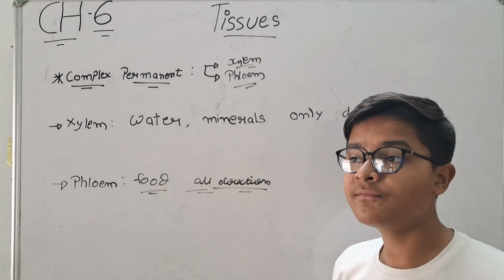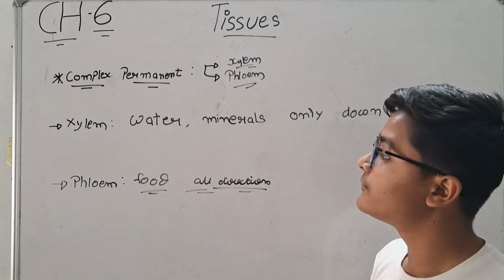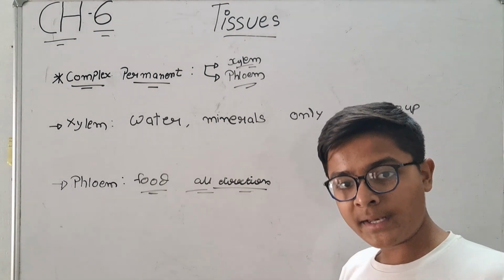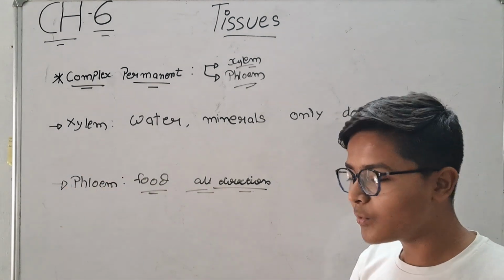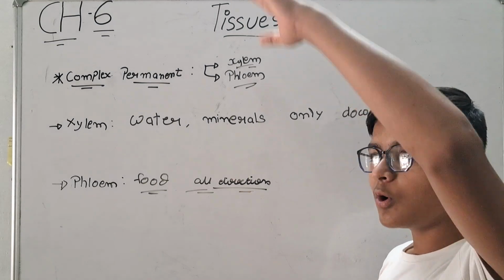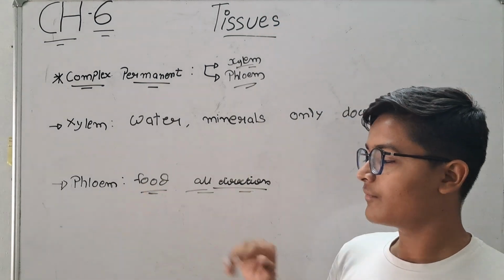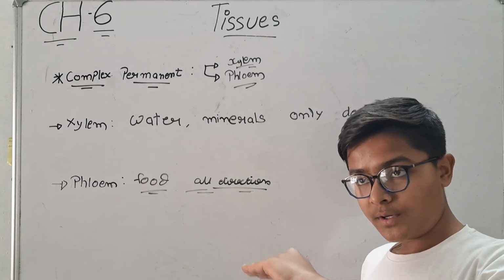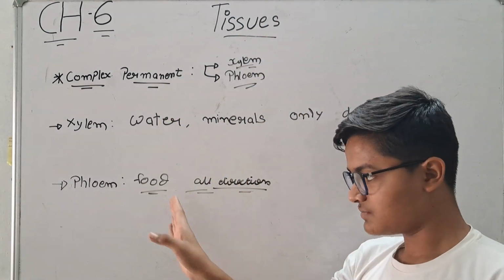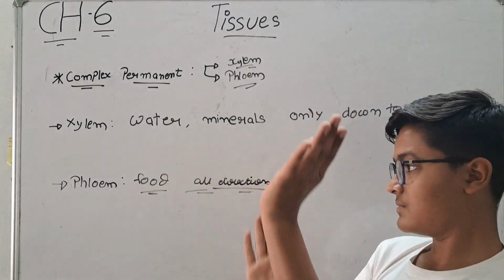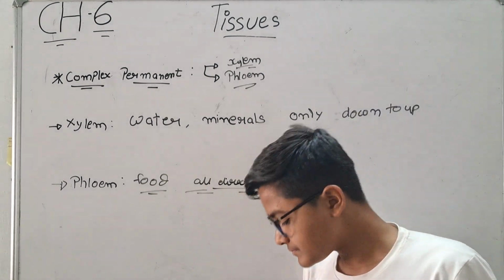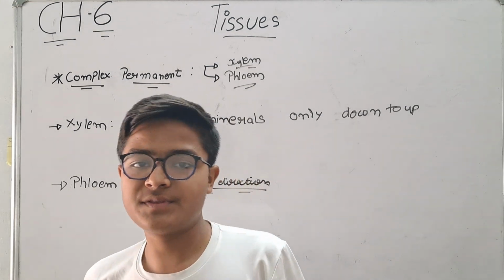Xylem conducts water and minerals only down to up, and phloem conducts food in all directions. You can understand it in this way.